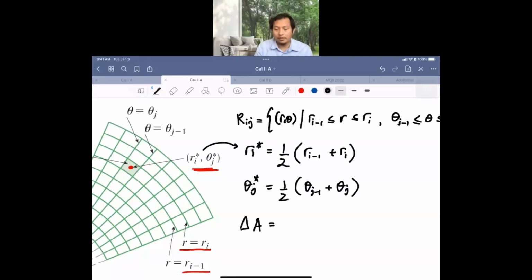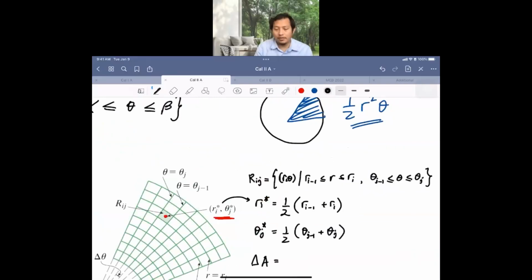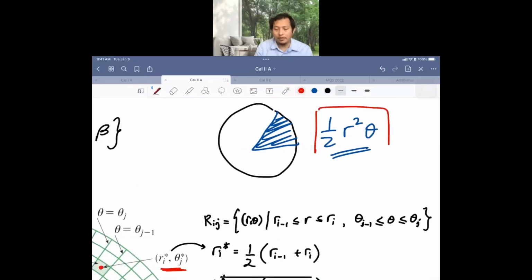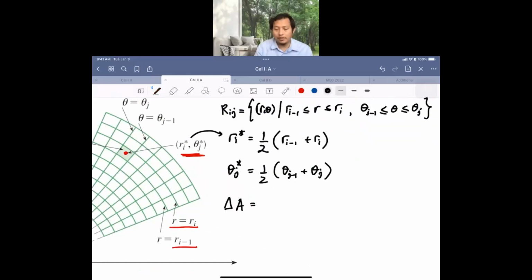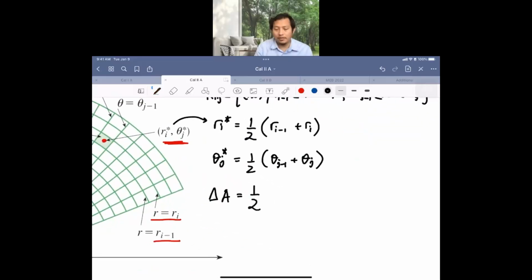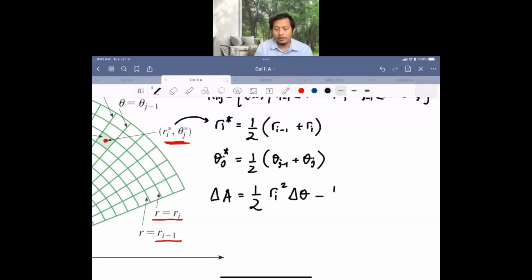Because we remember that we are going to take this as our approach for the area in the circle, we can take this part as half Ri squared delta theta, and then minus half Ri minus 1 squared delta theta.